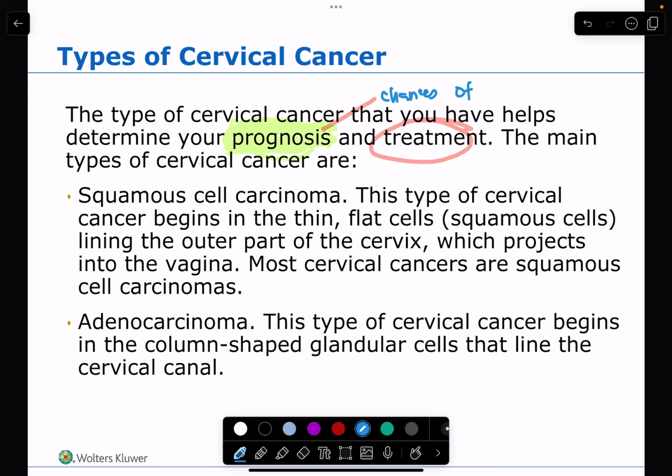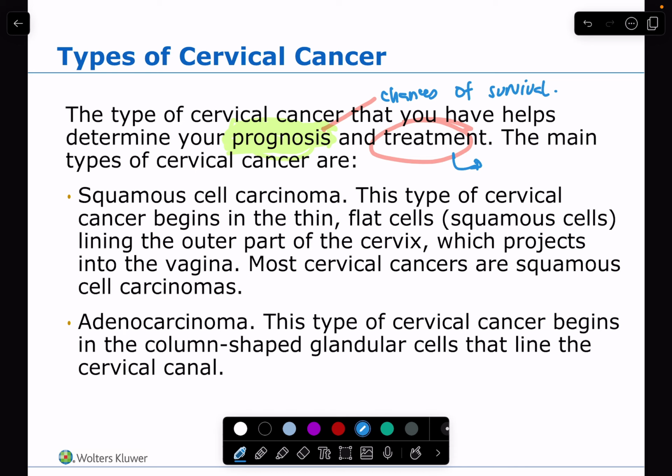The chances of survival, that is prognosis. Okay? And treatment. So what is the appropriate treatment of the patient? Kung mas intense is more on surgery, and if the cancer is confined to a specific place only, baka pwedeng idaan na lang din muna sa lymph dissection or biopsy or even radiation therapy.